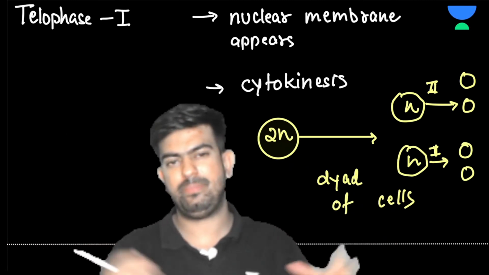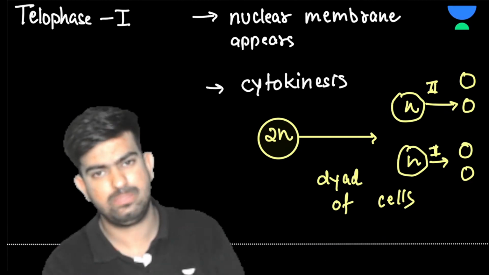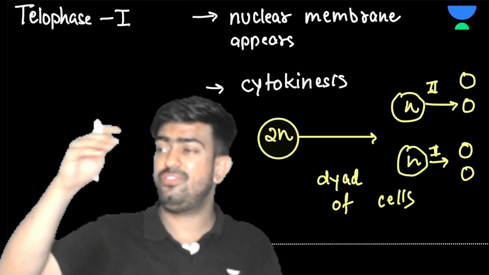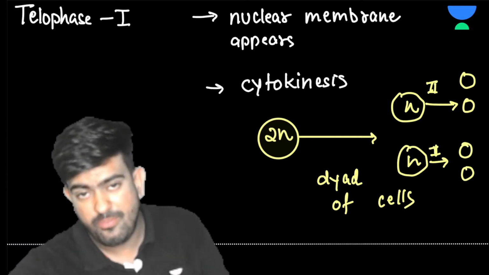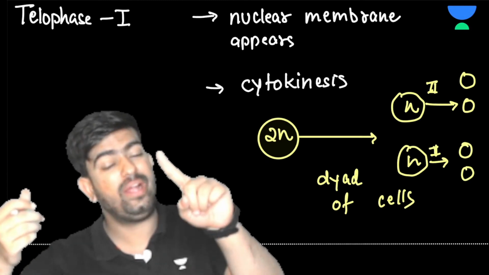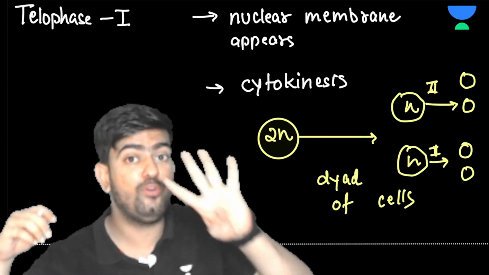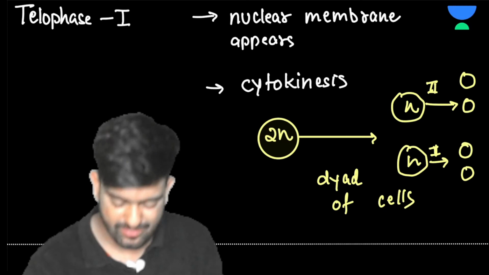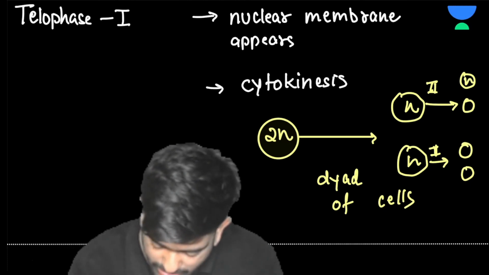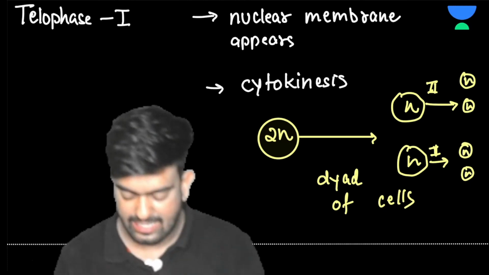You may remember this when studying sperm cells. We got to know that sperm is a gamete formed with the help of meiosis. So from one sperm mother cell, we are getting 4 sperms, and this is the reason behind that. So everyone will be n, n, n, and n.